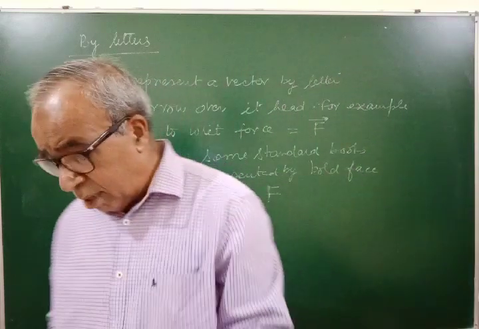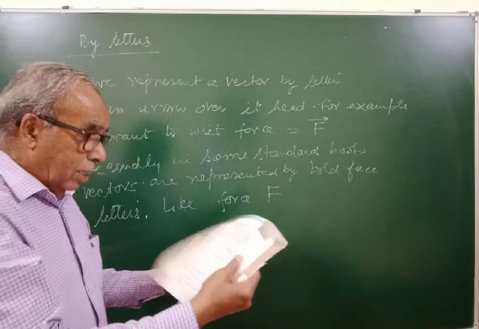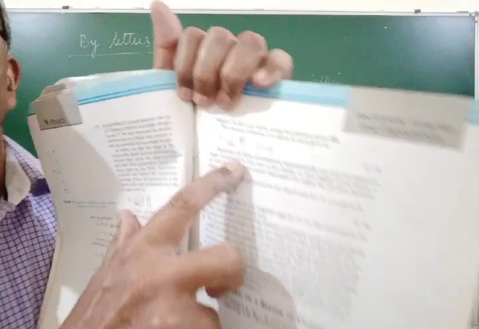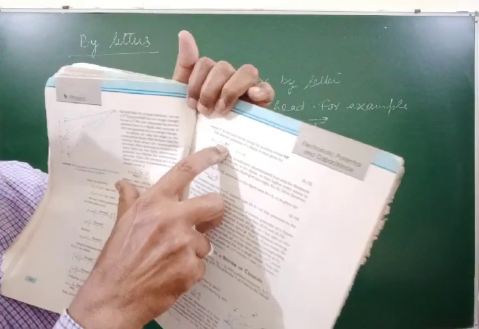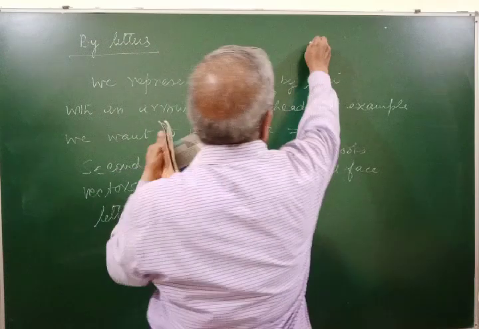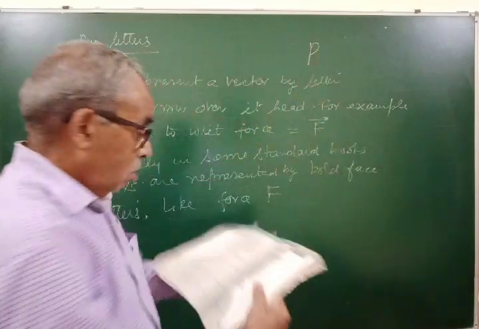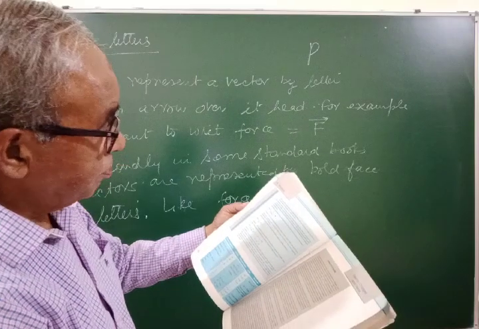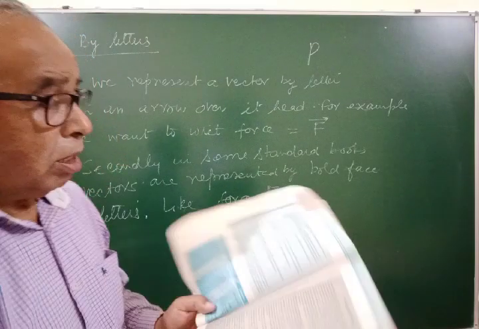They write the bold-faced alphabets like here. They have written this P. You will be able to see this P is darker than the others.